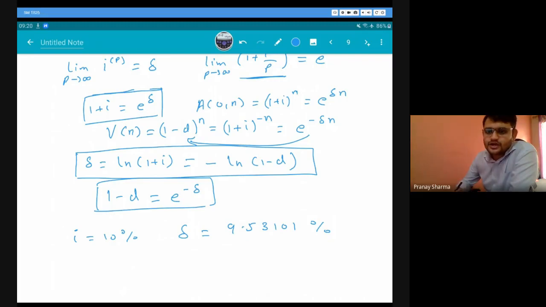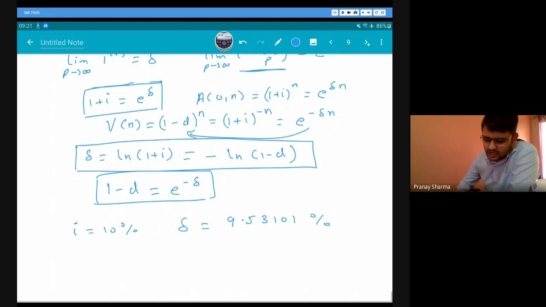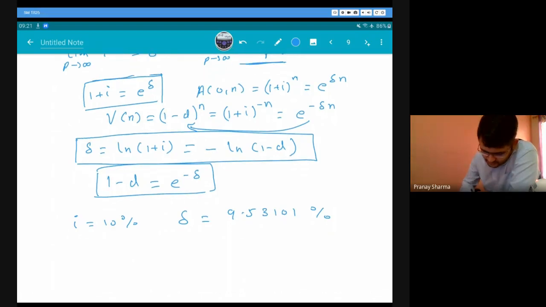In future, whenever you are using daily payments or weekly payments, you will always assume it to be delta, that means continuous payments. But here you will not directly assume it. Next I'll give you just an example.